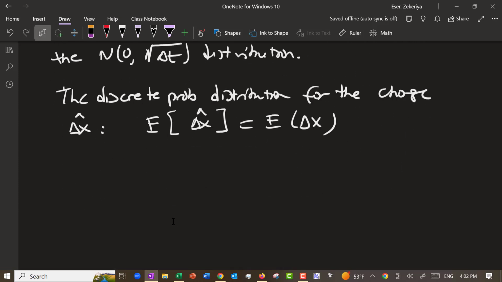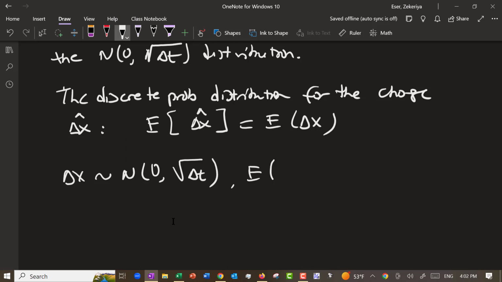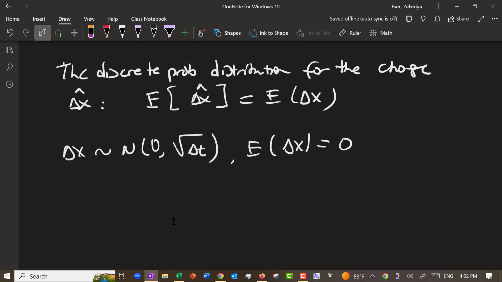Now, if delta x is, remember, a normal distribution with mean 0, standard deviation of square root of delta t, so expected value of delta x is 0. Okay. It's a symmetric distribution that has a mean of 0.